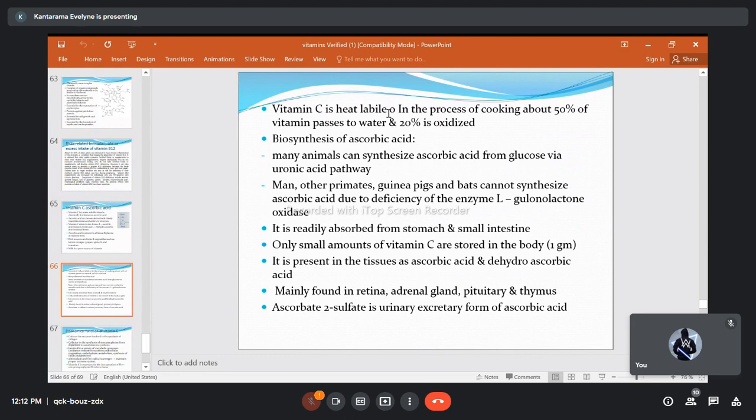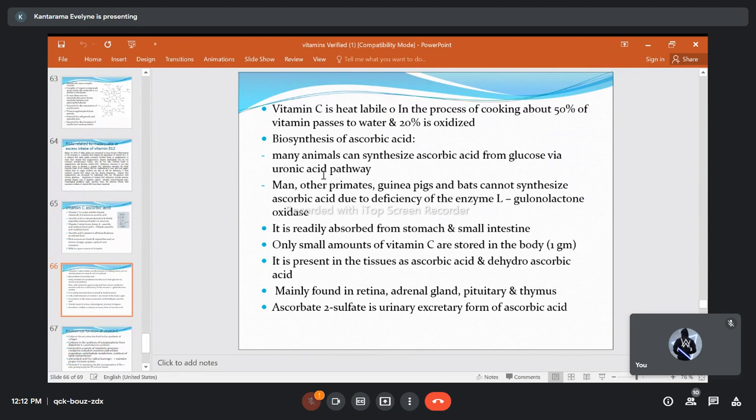When we say vitamin C is heat labile, it means it is affected by heat, so cooking will affect it, to the point where 50% of it will pass to water, and only 20% is oxidized.